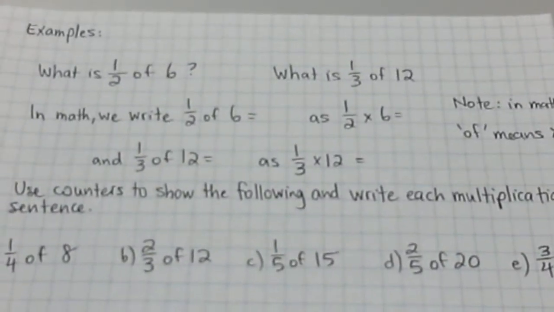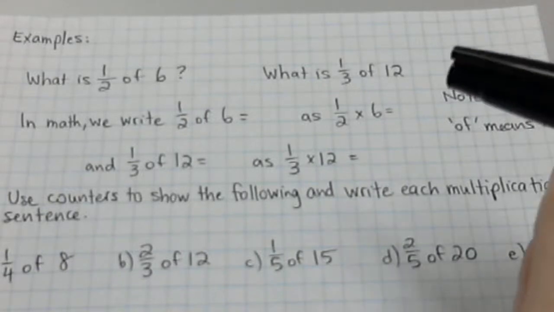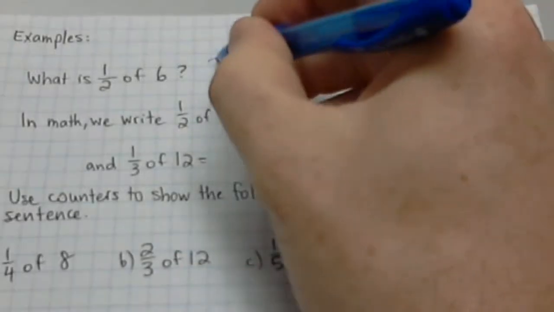All right, so we're going to work through some examples together. By way of introduction, there are some questions here like what's half of 6, and what's a third of 12. Half of 6 is 3.